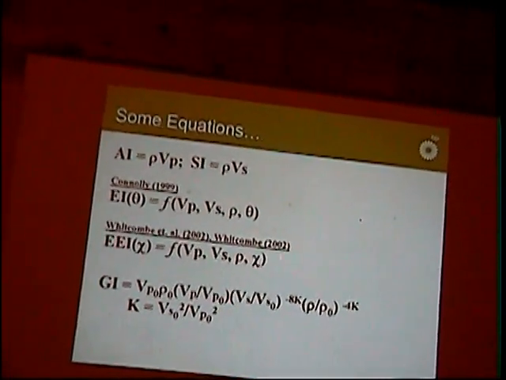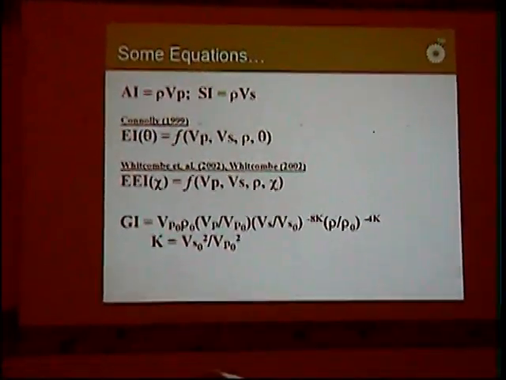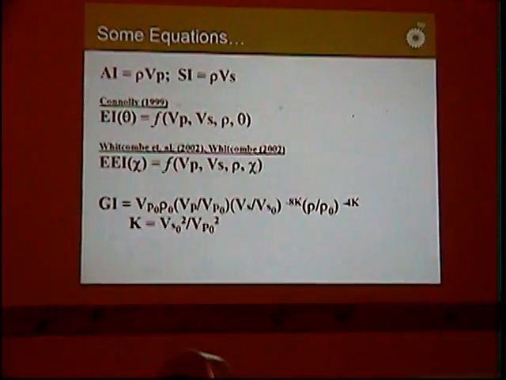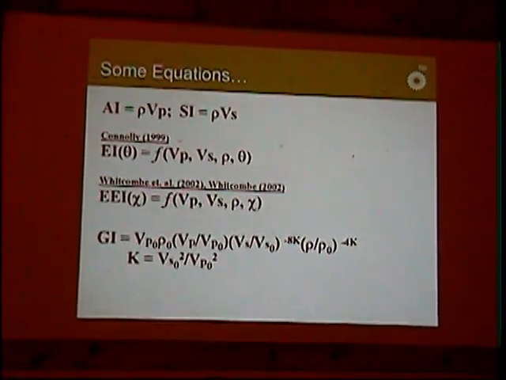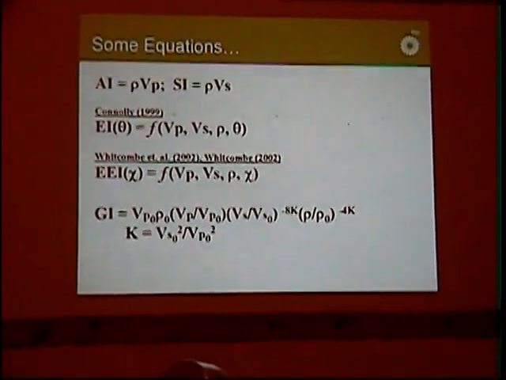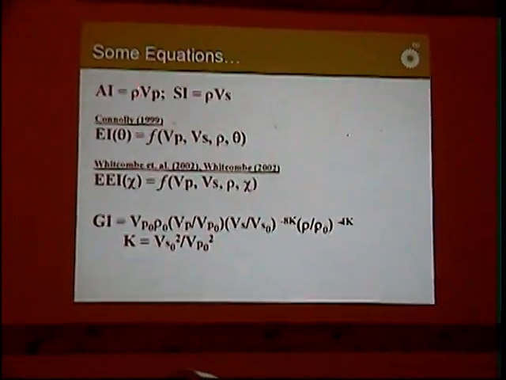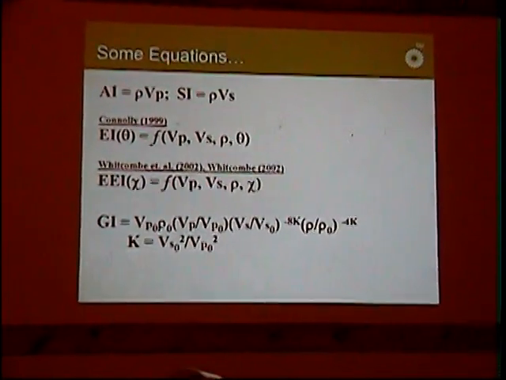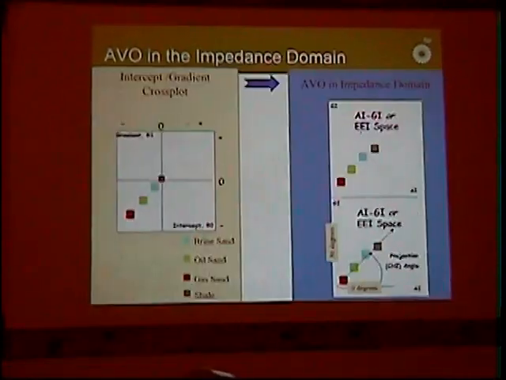Some of these other ones introduce some other terms, but don't worry about it too much. All it's saying is that you need a little bit more information. You need shear velocities also. You need some normalization terms, and typical compressional as well as density information. It's all in these equations here.